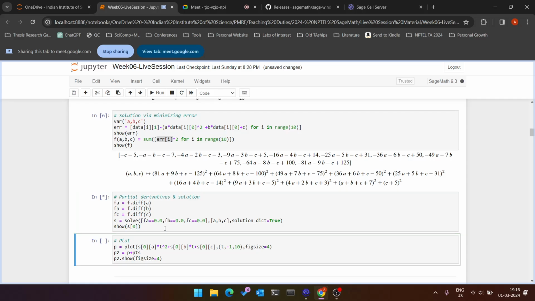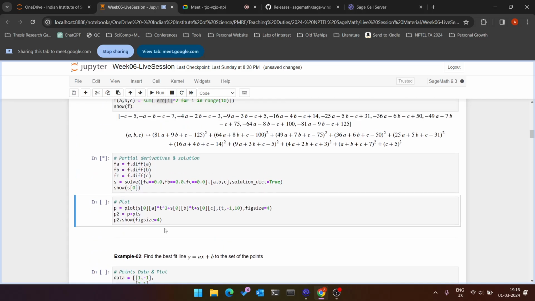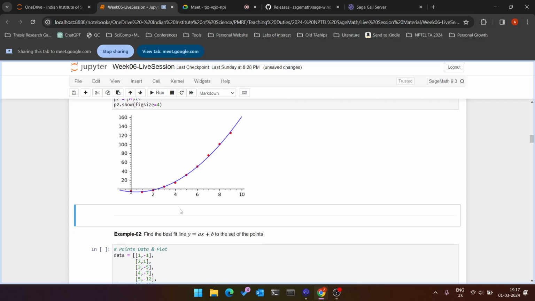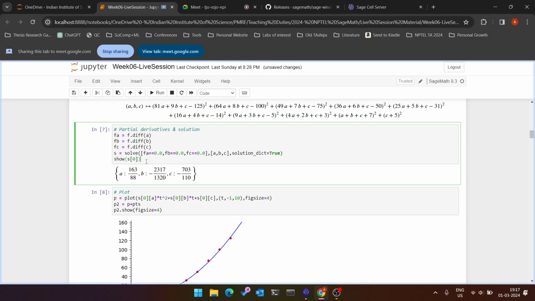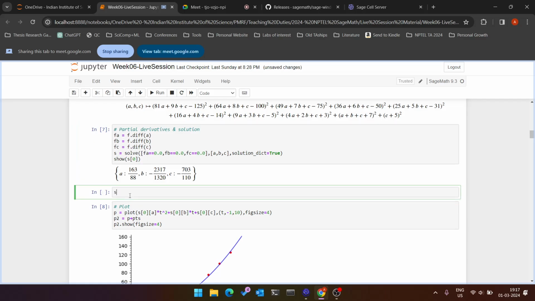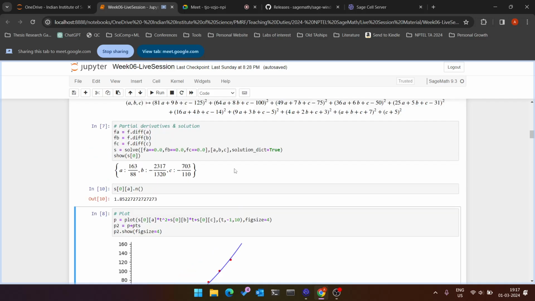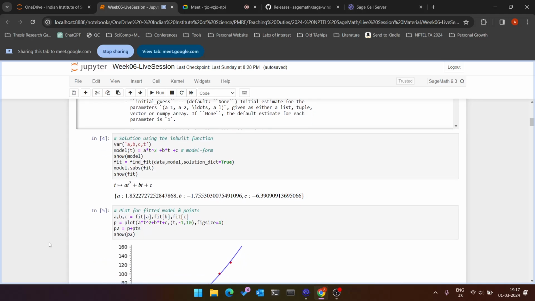So if I run this cell, what do I get? I get my a, b, and c values to be like this, and if I have to check how they compare, I can do S0 A, so S0 A dot N as my value of A. So you can see that from this minimization of error approach, we are getting A to be 1.85, which is exactly the same as what we got from our model fit function.